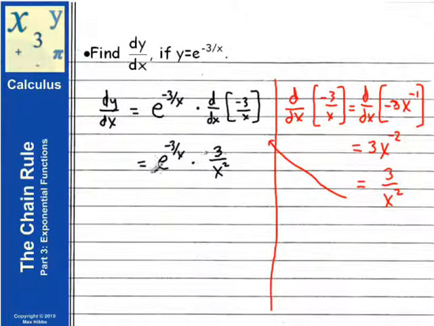Now we have two expressions multiplied together that we can easily multiply. In this case, we'll have a denominator of x squared, because after all, this is over 1. We can imagine that. And we have e to this power times 3. We'll write the factor of 3 in front, so we'll say 3 times e to the power negative 3 divided by x.